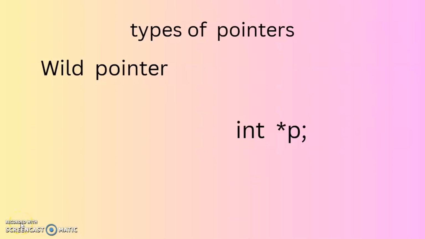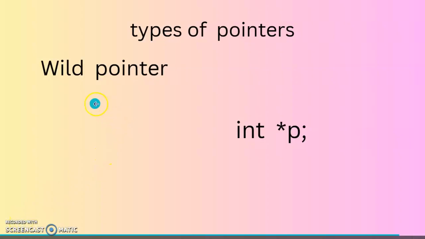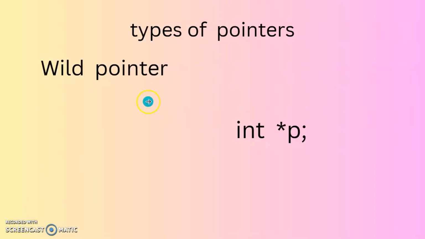Let us see the types of pointers. The first one is wild pointer. For example, here by having this asterisk, as we already discussed, this p is a pointer to integer data type.